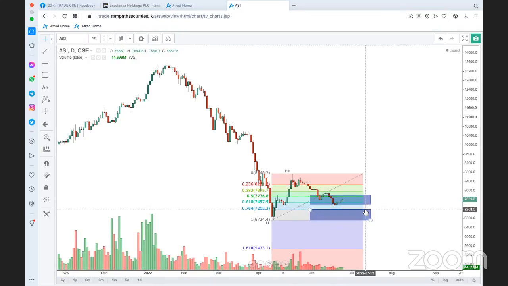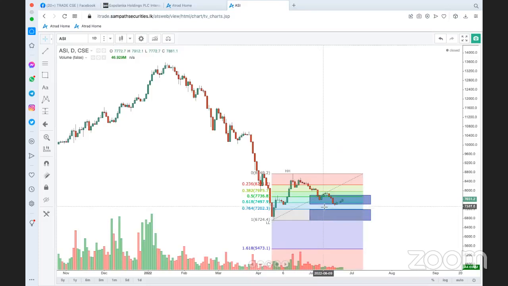We have seen prices or the index tend to come and take support in between also, because you have the 61.8 and 76.4 levels inside this as well. That is why I keep it like this.